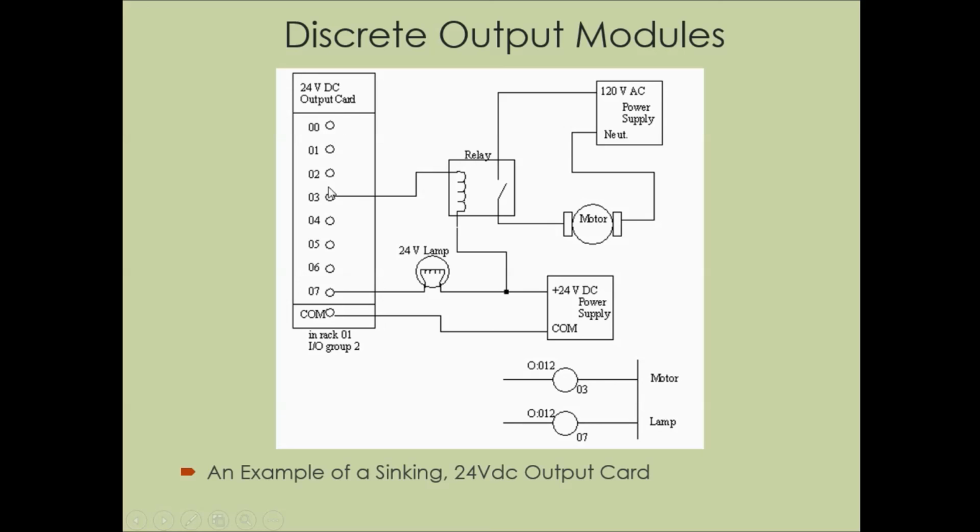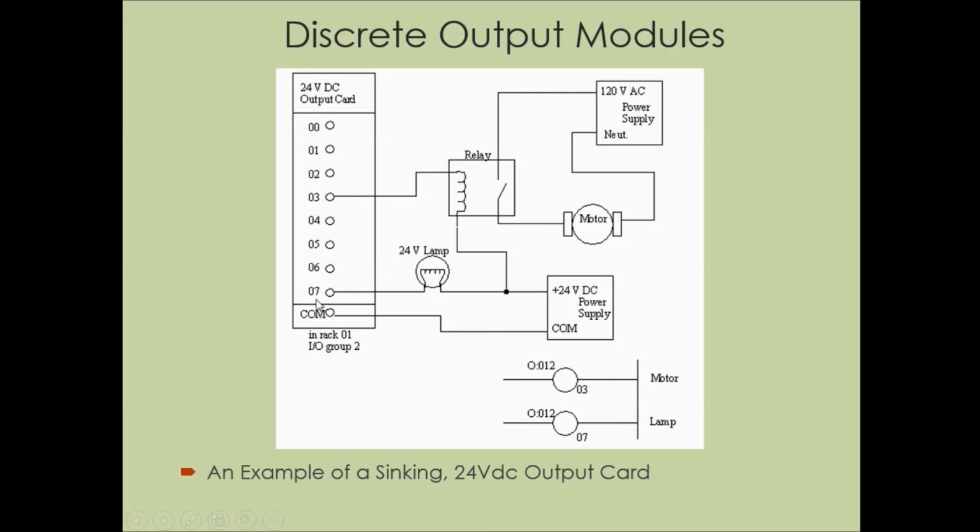So when this output card switches, it supplies the common, which in turn energizes this coil in this relay, causing this switch to change with the proper voltage on this motor, the 120 volts, and runs that motor. So the control voltage is only 24 volts, but through this relay that it controls, it actually switches the 120 that this motor requires to run.